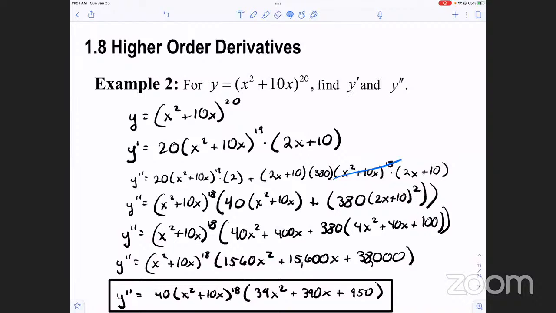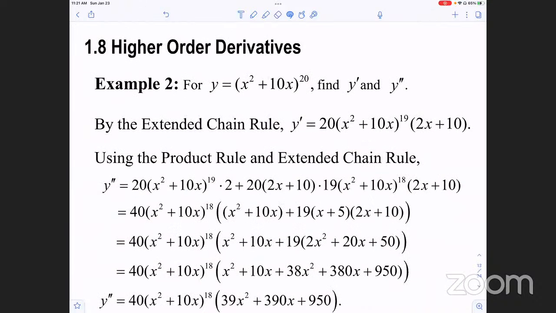Okay. So the second derivative, they essentially did the same thing we did. They got the same result, 39, 390, and 950. There's the 40. I did borrow the 40 because I just didn't feel like looking for that number.